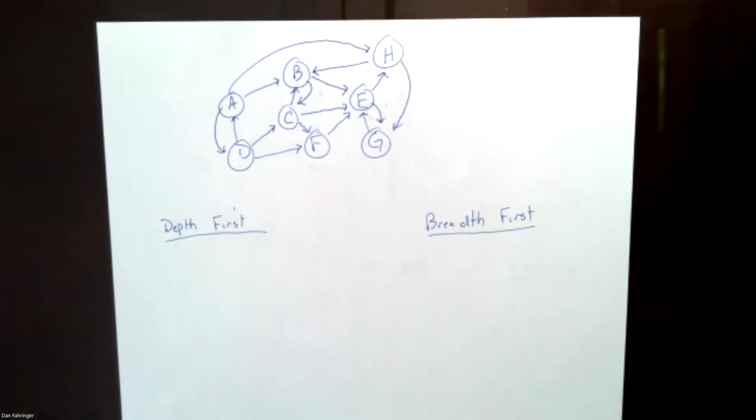Well, let's flip the page. Here's a new one. I'll give you a couple of seconds to write this down, and then we'll start to take a look at traversing through this.